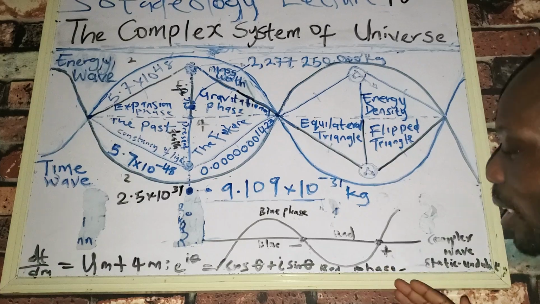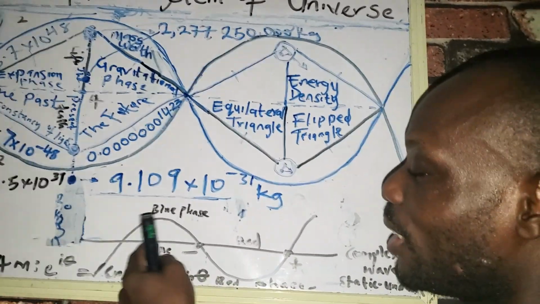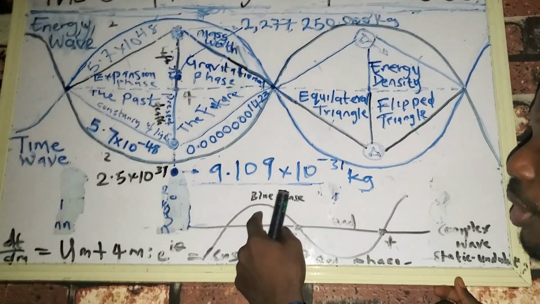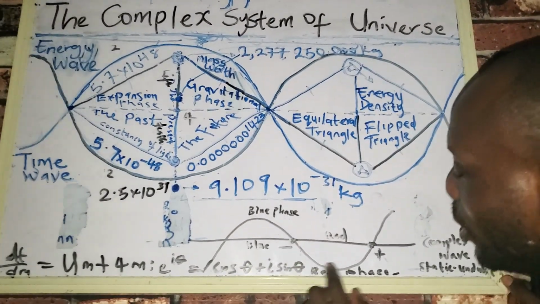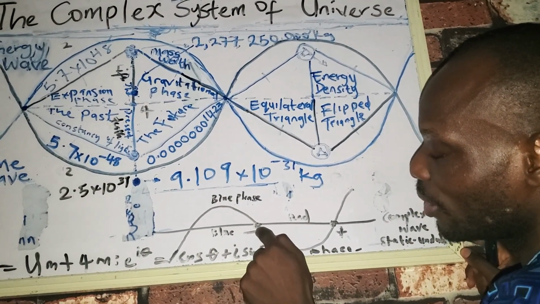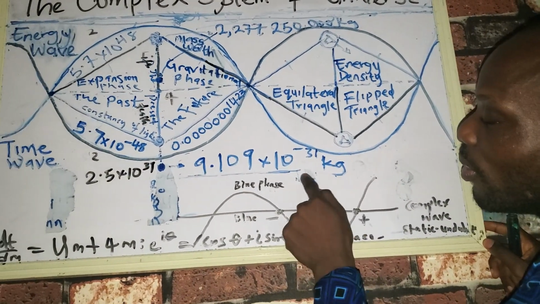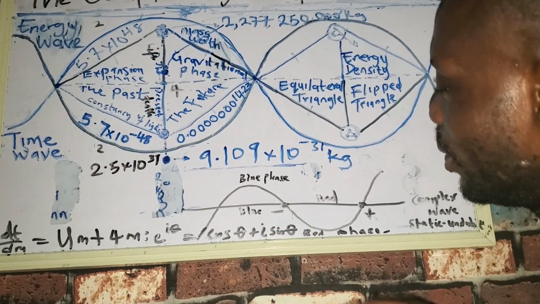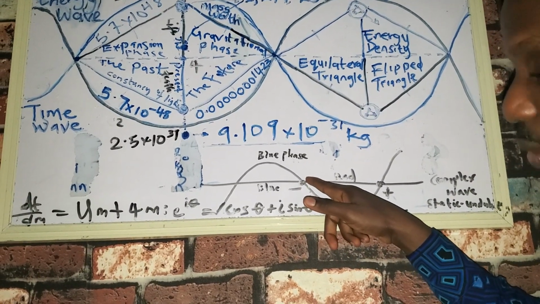It will be suspended. It will be an offset version to the real wave. So what I'm trying to say is that when this real wave reaches the central 0 point, the imaginary wave will have its own peak at that point where the real wave is at the central 0 point.